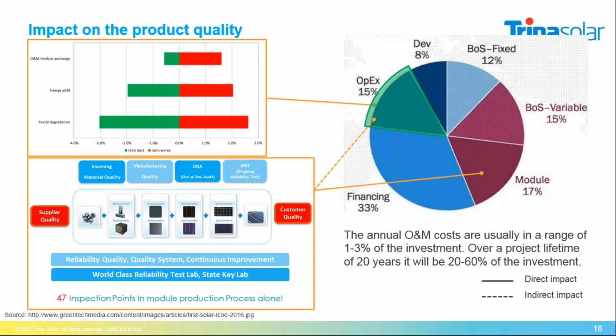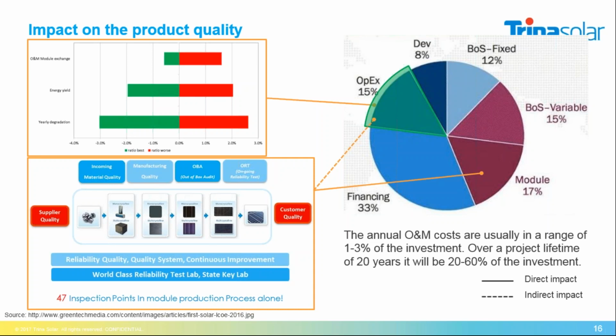With a cracked module you have to replace it. You might also have higher downtimes, so it's always important, especially if you're looking for the lowest LCOE, that you take care of the system design and select high quality products to ensure that the LCOE can be achieved.